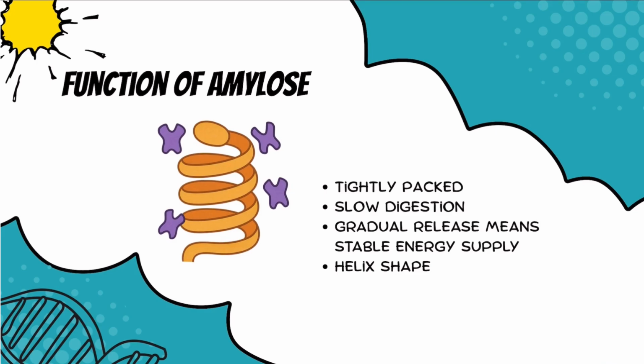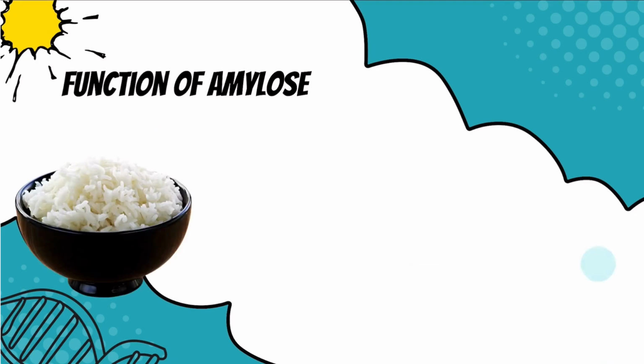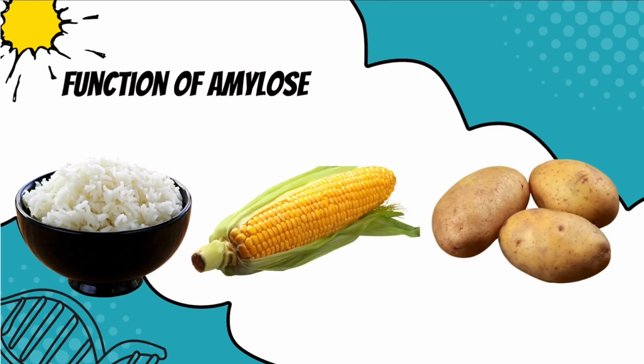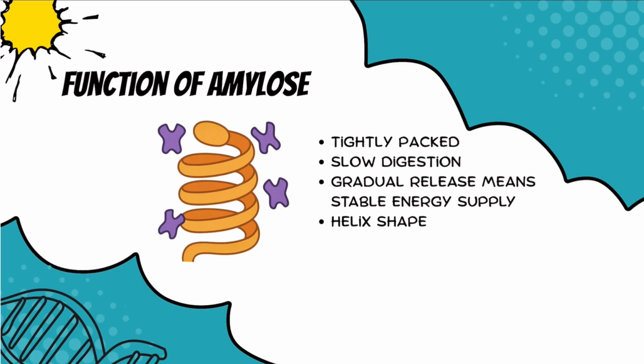But in humans, when we eat starchy foods like rice, corn, or potatoes, enzymes in our digestive system break amylose down into glucose. However, amylose is more resistant to digestion than other carbs because of its compact nature and helical structure, which makes it harder for enzymes to access every bond quickly.